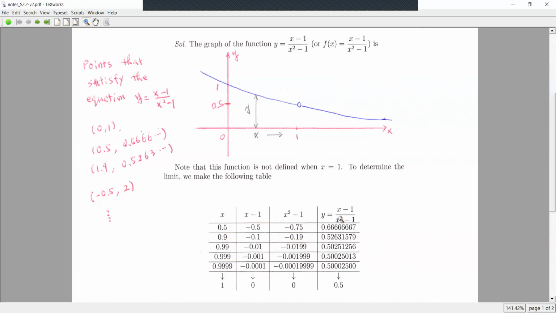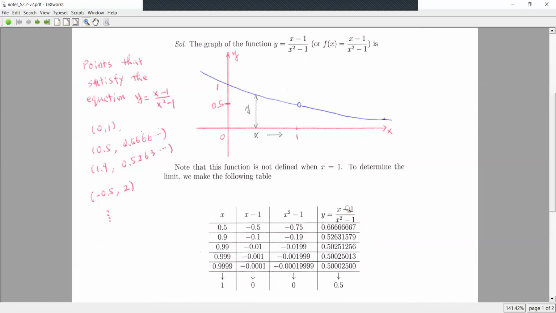The function value is negative 0.1 over negative 0.19. It is this number. Similarly, when x is 0.99, the function value is this. When x is 0.999, the function value is this. When x is 0.9999, the function value is this.